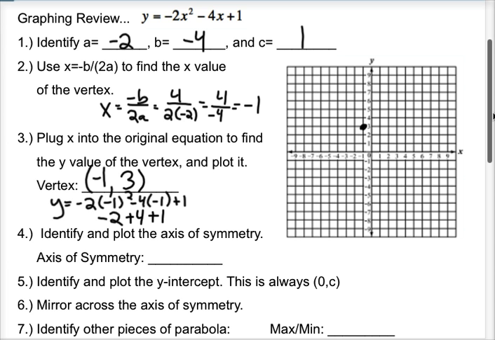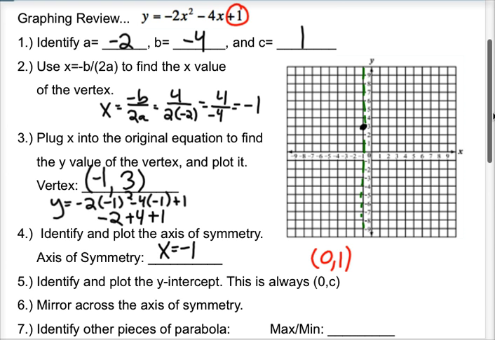Next thing we do, we take that x value of the vertex and we create our axis of symmetry through the vertex. Because after we've done that, we can identify the y-intercept. So remember, the y-intercept always comes from that c value, because when we plug in 0, it's all that's left.